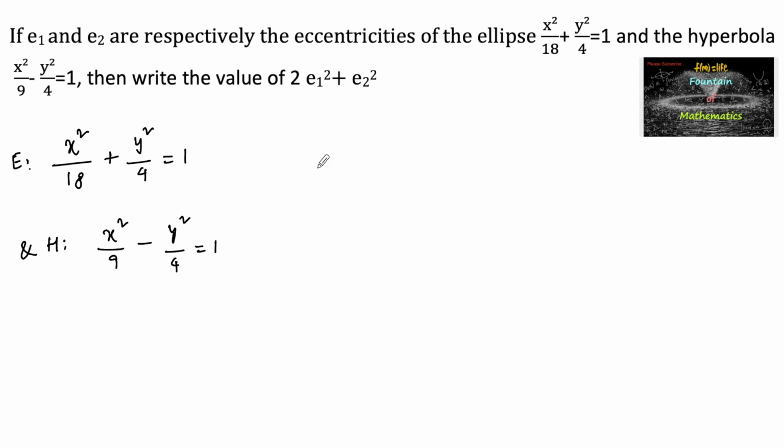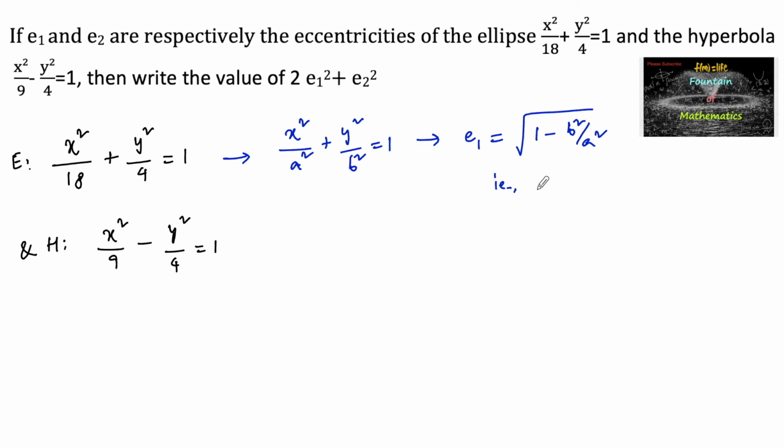So comparing the given ellipse equation with x square upon a square plus y square upon b square is equal to 1, whose eccentricity, let us consider e1 is equal to under root of 1 minus b square by a square. So that is e1 square is equal to 1 minus b square by a square.